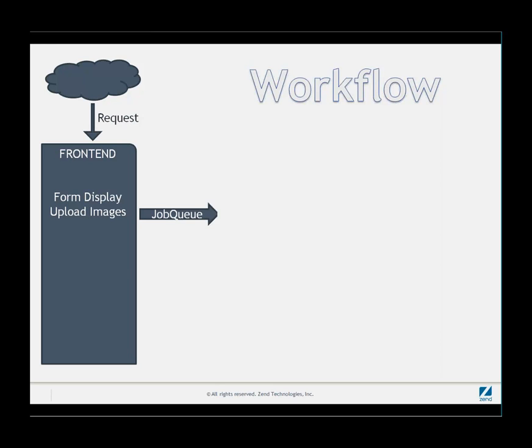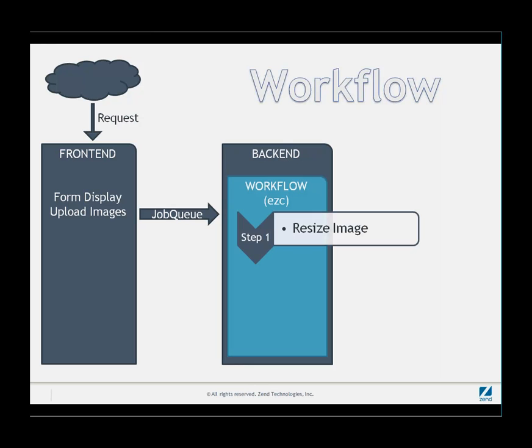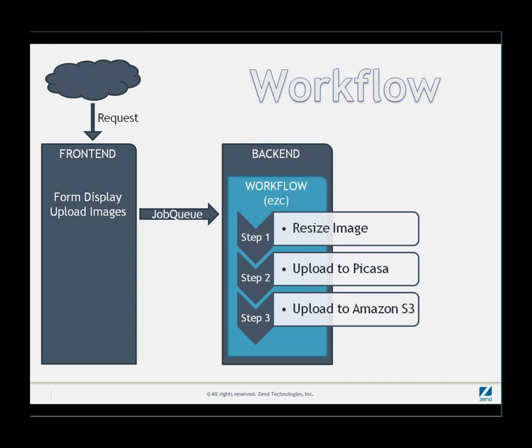So what we have is a backend to our application, which effectively leverages the job queue of Zend Server. That's the last piece of marketing that I'm going to be introducing in today's webinar, by the way. So there we have a job which takes the uploaded image and then effectively applies a number of steps to it.